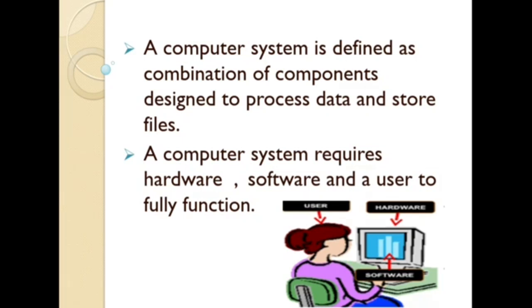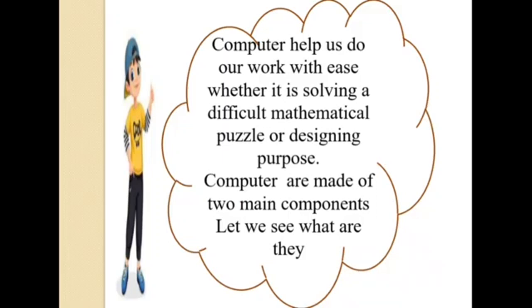A computer helps us to do our work easily, whether it is solving a difficult mathematical puzzle or designing. Any difficult calculation, the computer can do very easily. If you want any design, the computer can do it very easily.